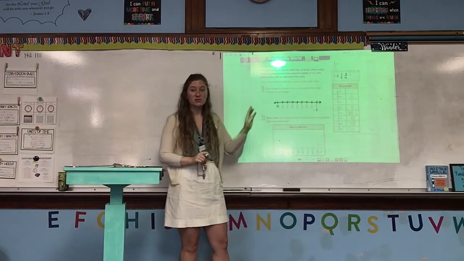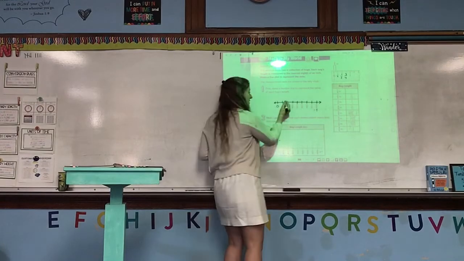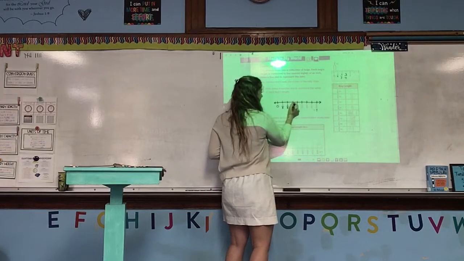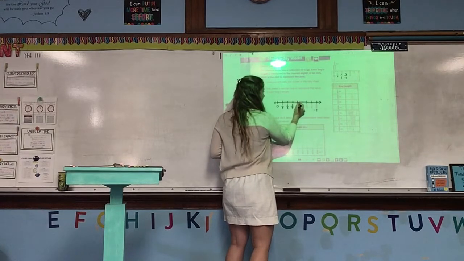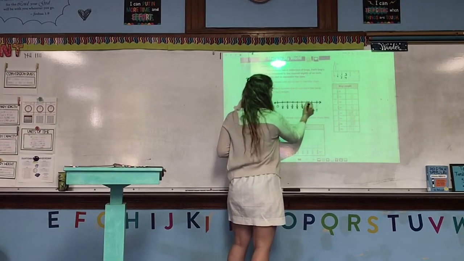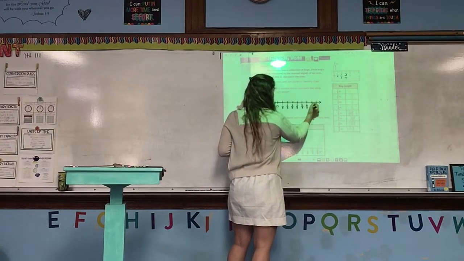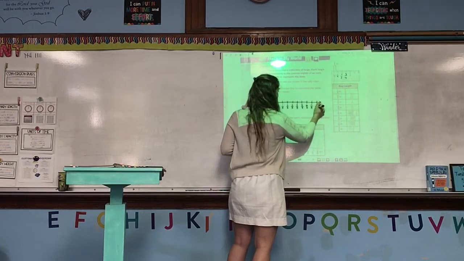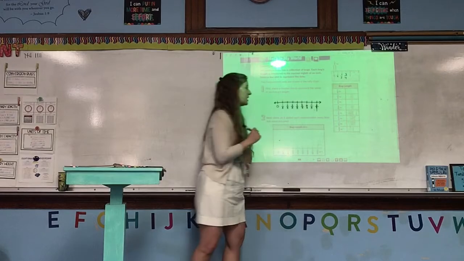We know that each of those tick marks stands for 1/8. So we've got 1/8, 2/8, 3/8, 4/8, 5/8, 6/8, 7/8, and 8/8, which is equal to 1.